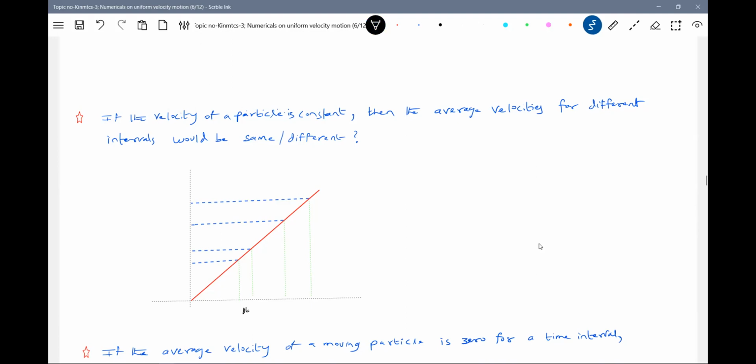This is delta T1, delta T2, delta S1, delta S2. This is the position, this is the time. What can you say about the slope? I'll just shade that triangle. Please look at the triangles which I'm going to shade.